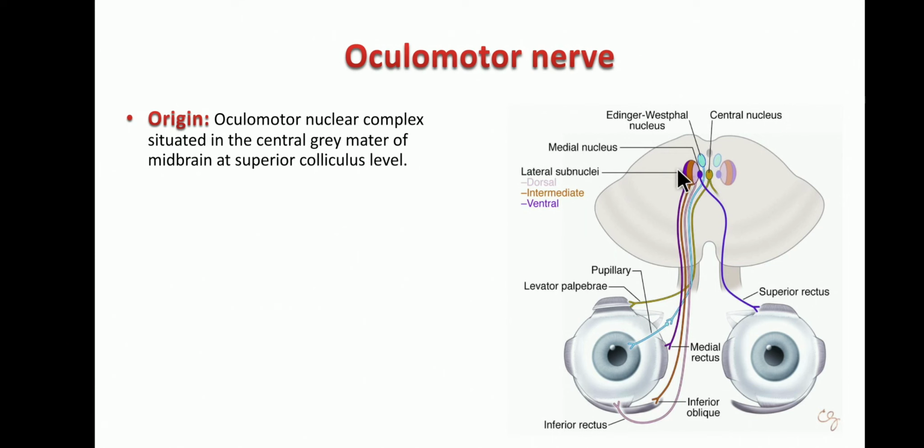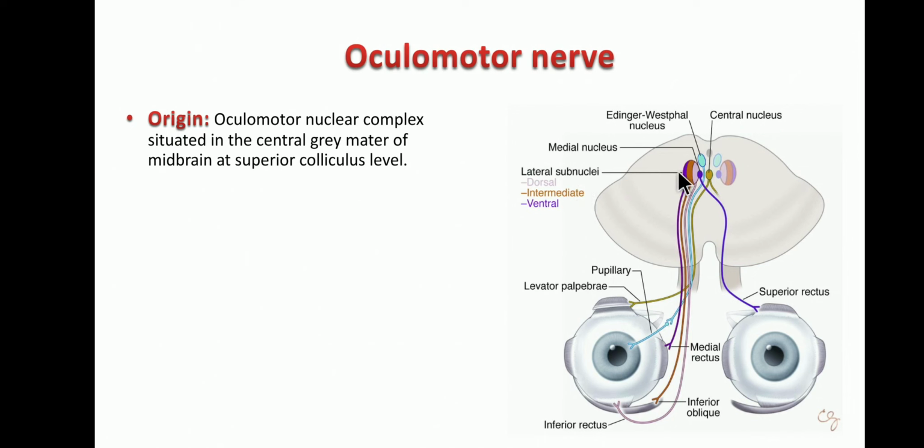The oculomotor nerve nucleus is present in the midbrain at the level of the superior colliculus around the central gray matter. Now, if you look at the oculomotor nucleus, it is actually a nuclear complex, because it is a group of nuclei: you have the central nucleus, and in the same way you have the lateral part divided into dorsal, intermediate and ventral.